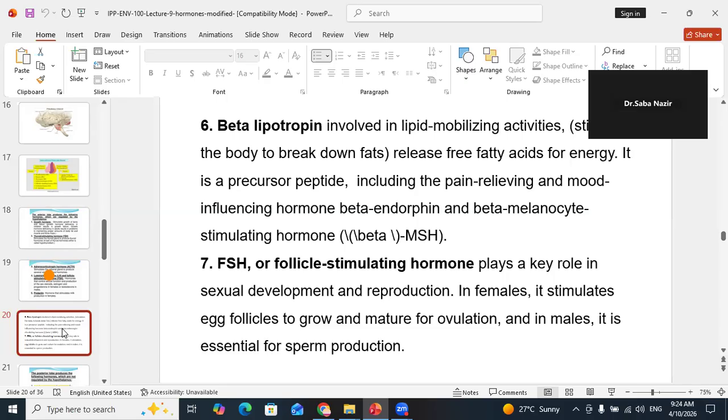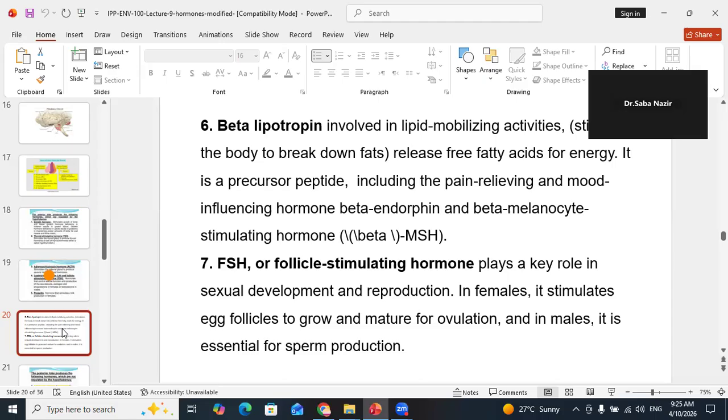It is also linked with two other hormones, beta endorphin and beta melanocyte stimulating hormone. These two are linked with pain relieving and mood influencing.